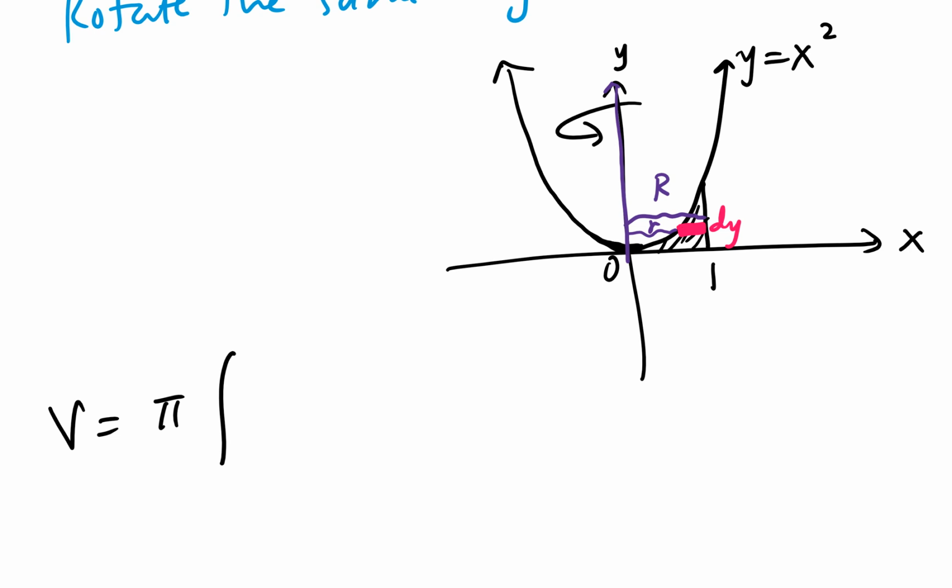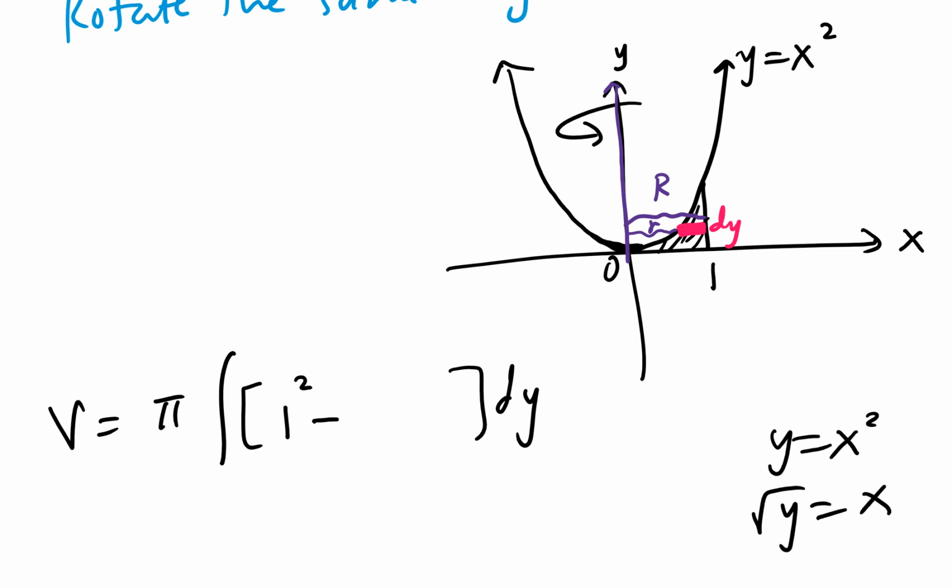That's the distance from 0 to 1, which is 1. So 1 squared minus the parabola, right? But remember, we're going to have dy here, so I can't put x squared. So what I do is solve for x, which is square root of y. So I'm going to put square root of y, squared.